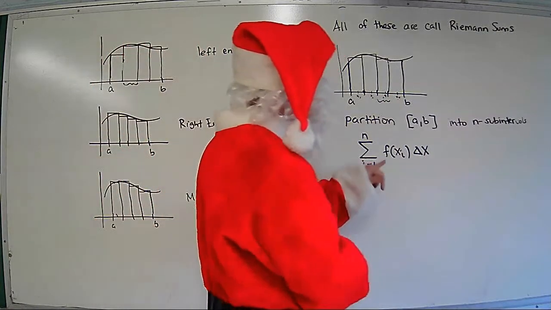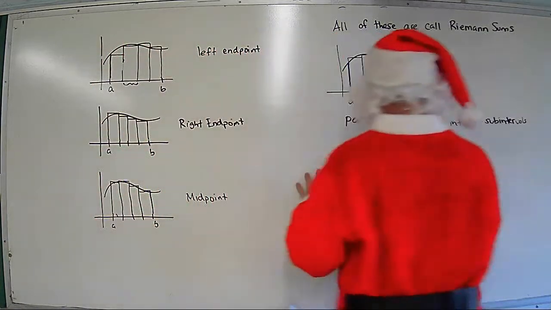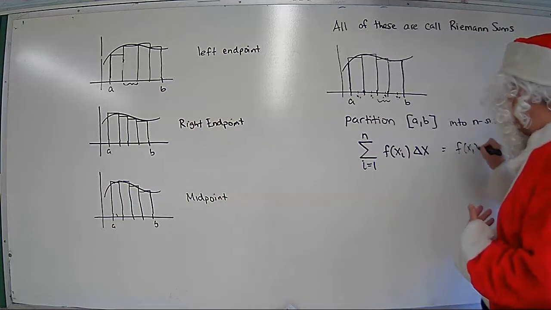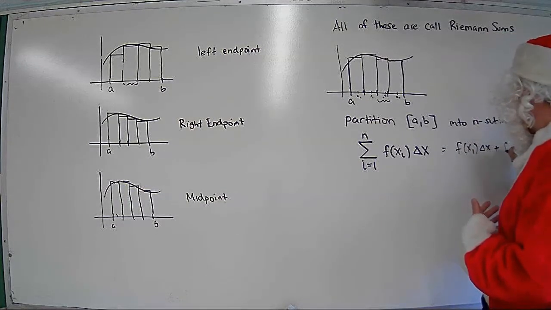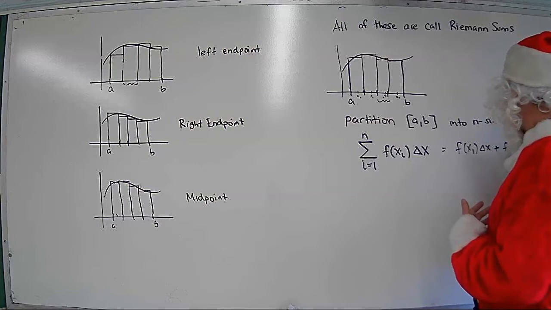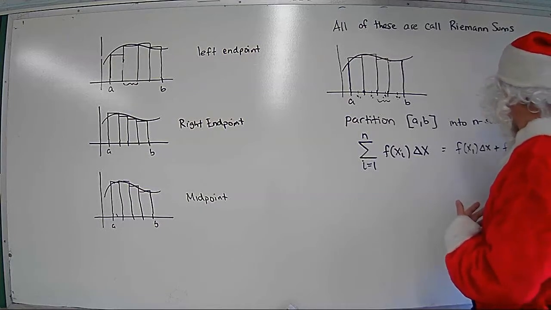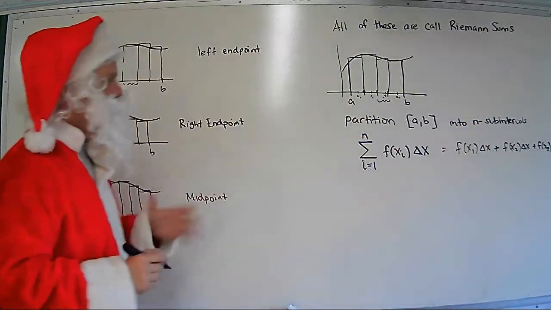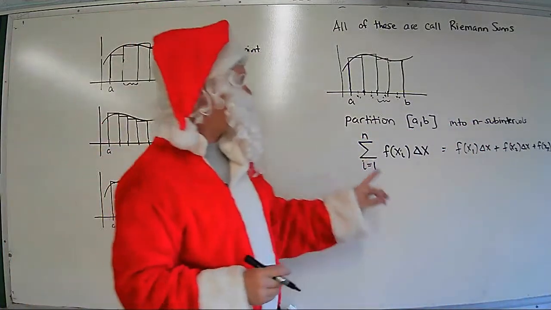And you sum up each one of those. If we were going to write this out, it would be f of x1 times delta x plus f of x2 times delta x plus f of x3 times delta x, and so forth. I realize that's running off the page, so I'm going to get out of the way so you can see it.